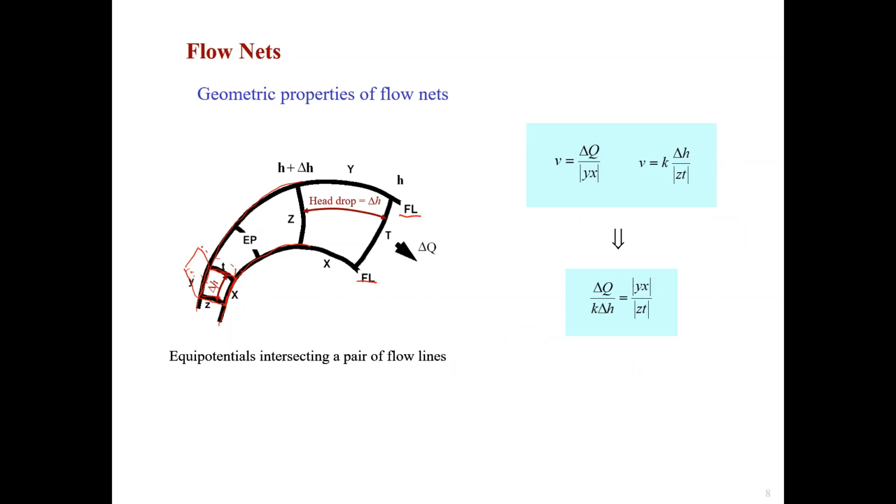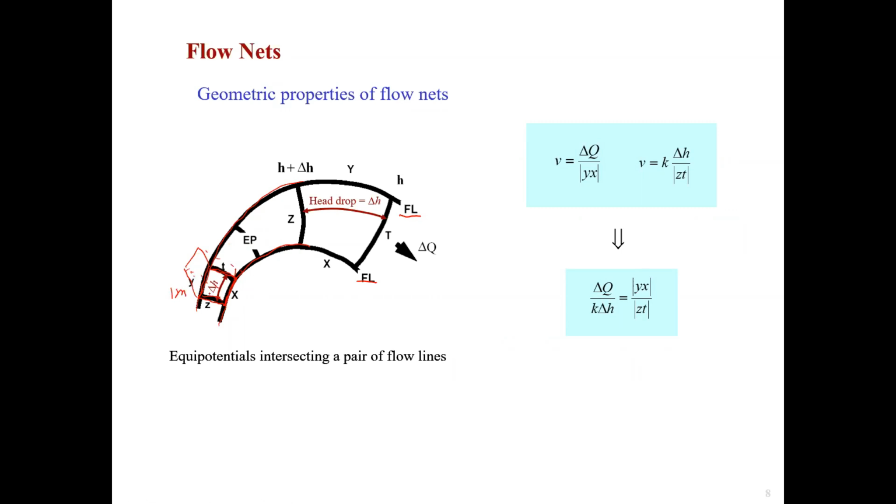Actually this is just like a cross-section view. Here there's a unit width, normally maybe 1 meter, perpendicular to the screen and into the screen. That's the so-called unit width.